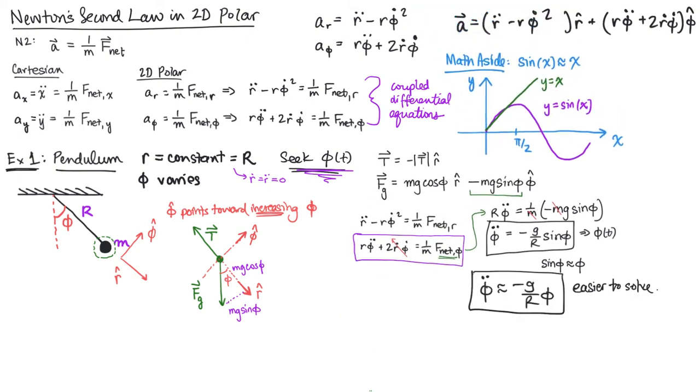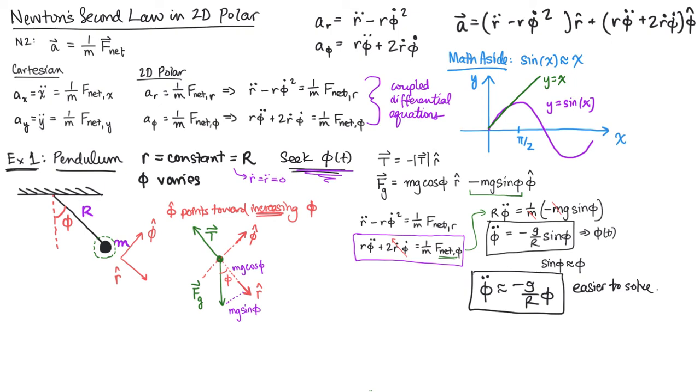In particular, we can see as a math aside that if you plot the function sine of x and the function y equals x, those two functions are very similar at small values of x, whereas they're different at higher values of x. So the approximation sine x approximately x is a good approximation for small angles, small values of x. How small? Well, it doesn't have to be that small, actually.